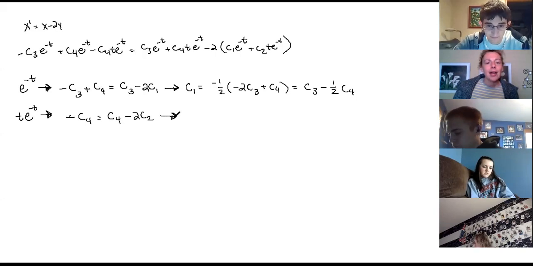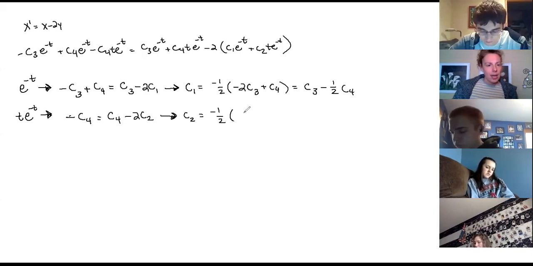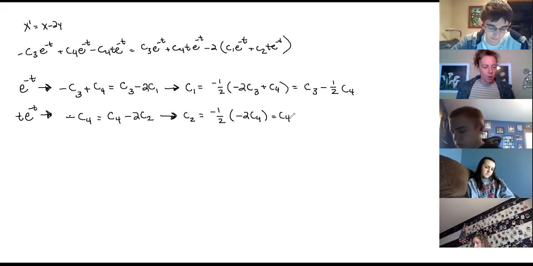Same thing, we can solve for C2. C2 equals negative 1/2 times negative 2 C4, or just C4. So C2 just equals C4. Those two happen to be equal.